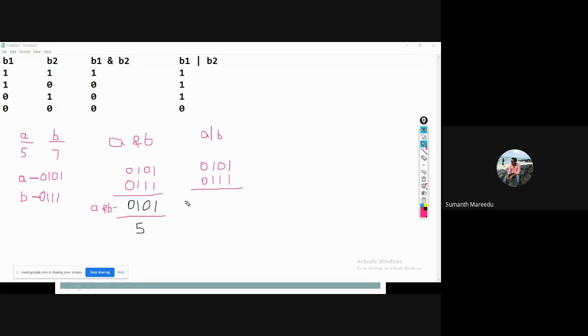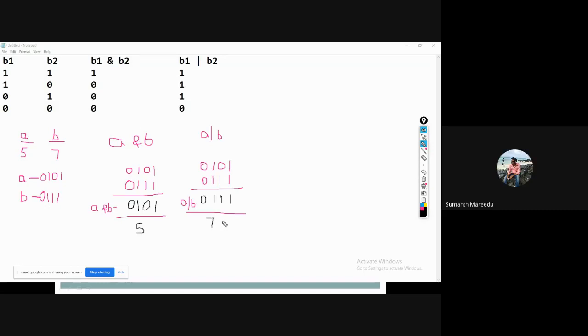Now what is the value of A or B? It is simply 0 1 1 1. So this is the representation for 7. Okay. So these are the two bitwise operators.